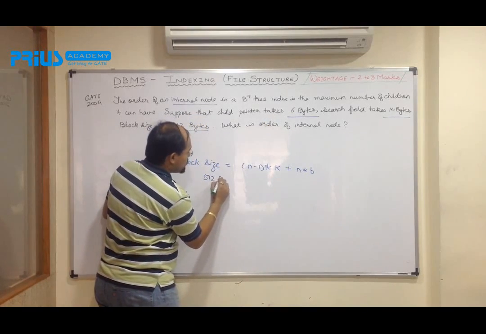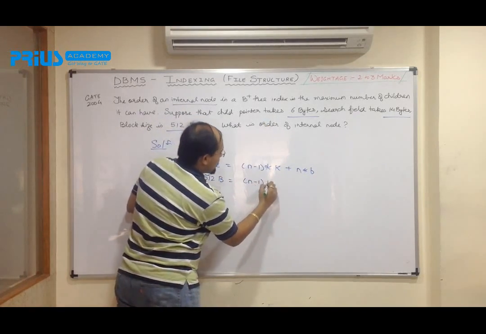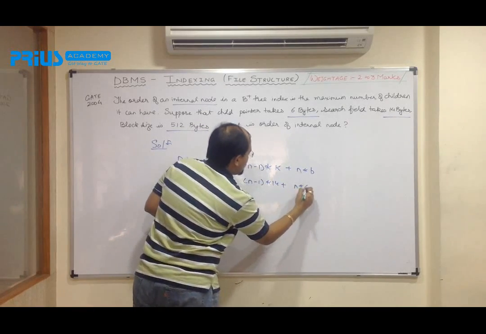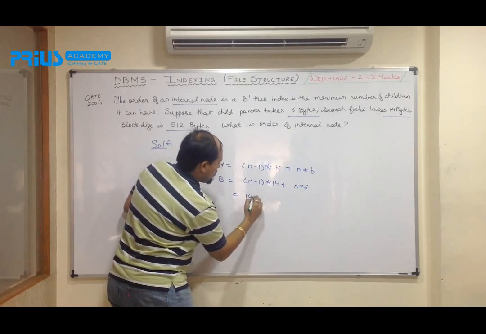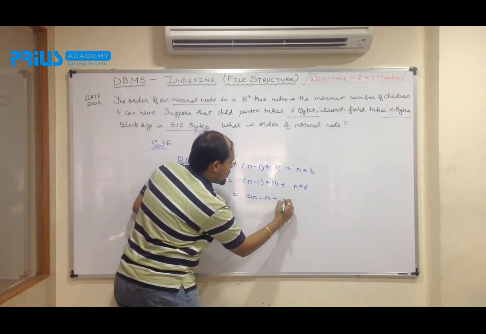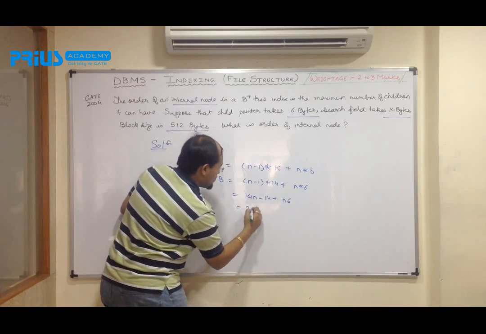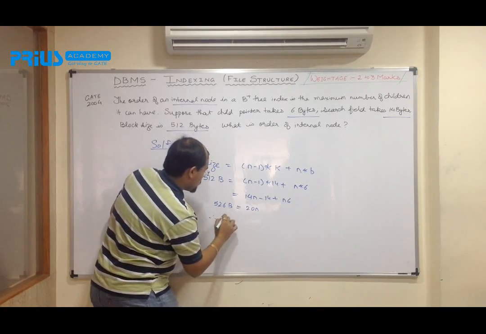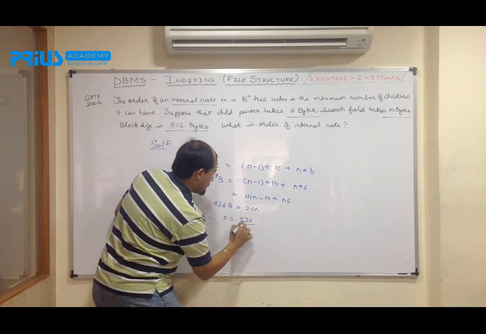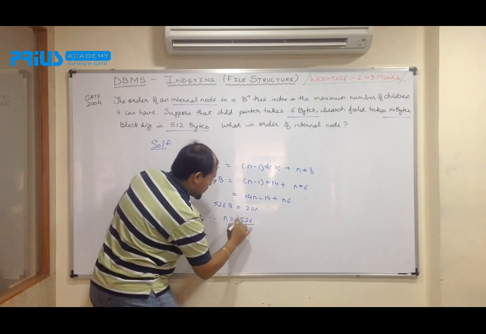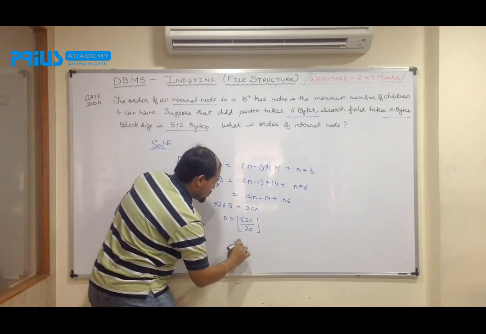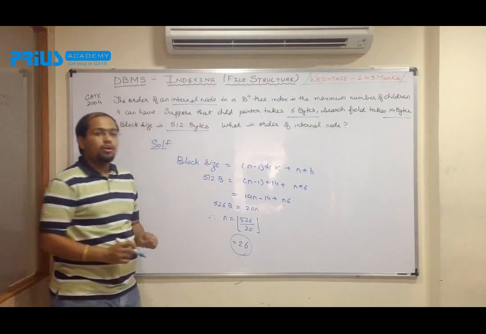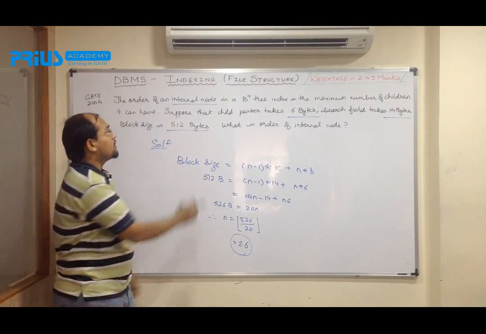So 512 bytes is equal to (n minus 1) times 14 plus n times 6, which is 14n minus 14 plus 6n, so that is 20n, and this becomes 526 bytes. Therefore n is equal to 526 by 20, and again you will take the floor function, you will get 26.